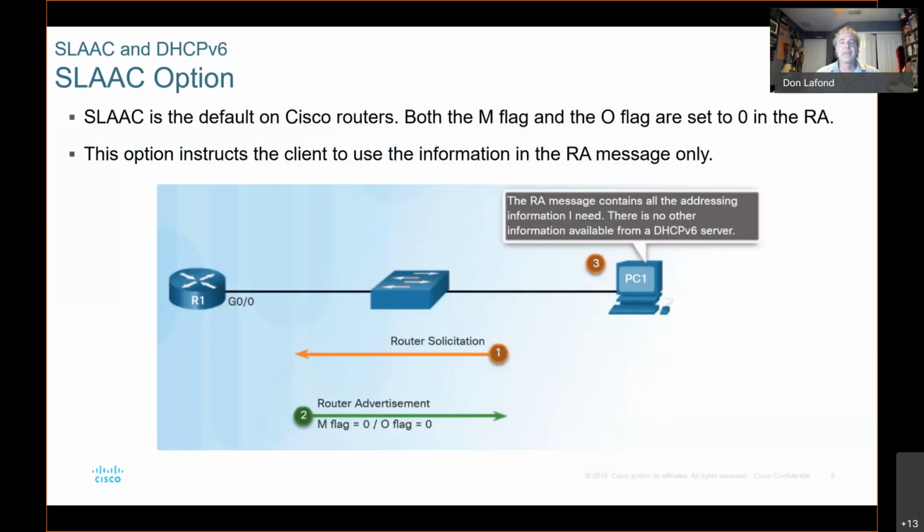So what happens is the first step, the router solicitation goes from PC1. It goes to the router. The router responds with the M flag and the O flag not set. The A flag is set. And then PC1 knows it's going to be creating its own address.